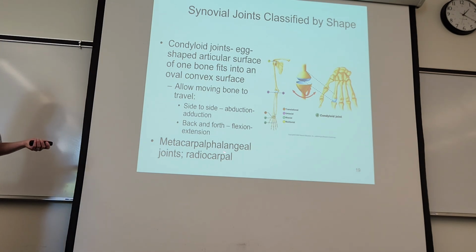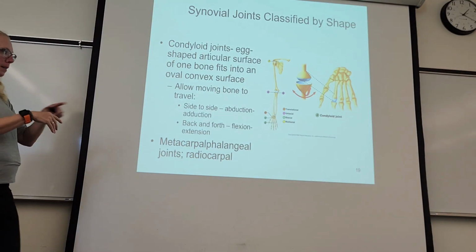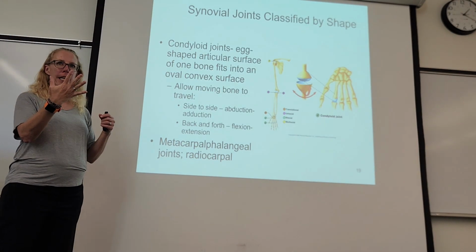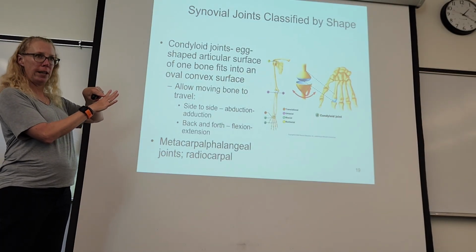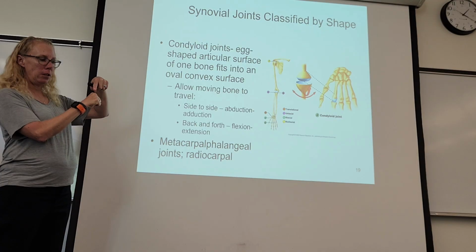And the joints that we're specifically talking about here are the metacarpal phalangeal joints. I know it's a mouthful, but it's basically just telling you exactly where in the hand it is. It's in between the metacarpal and your proximal phalange, okay? It's these joints right here.